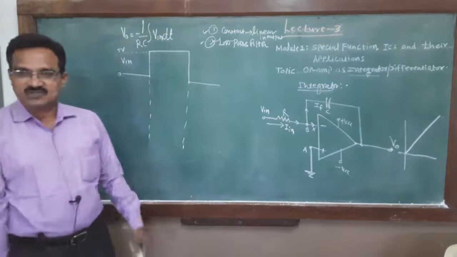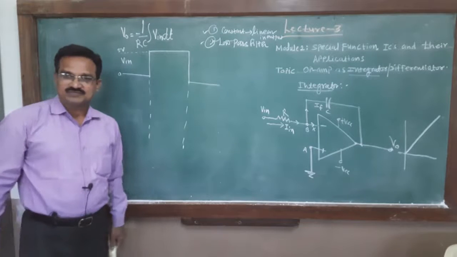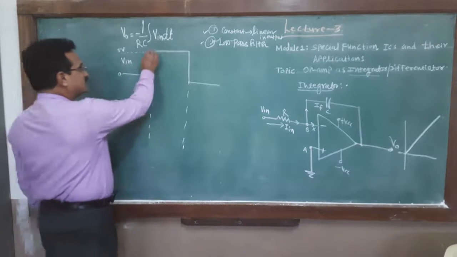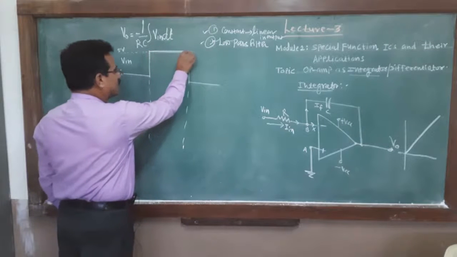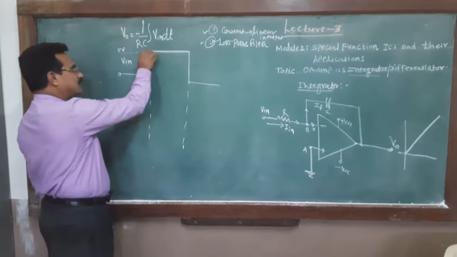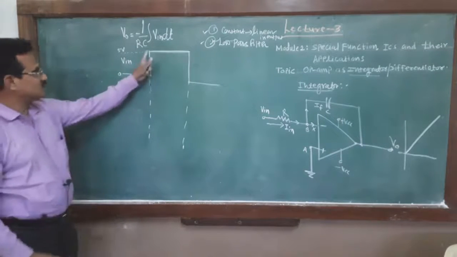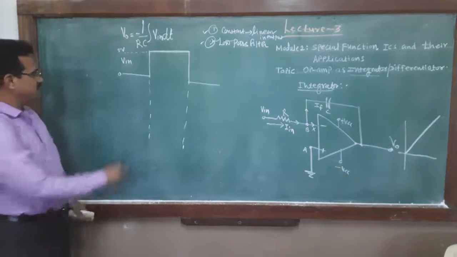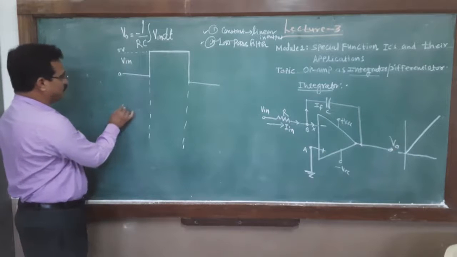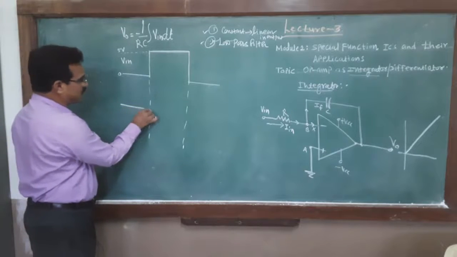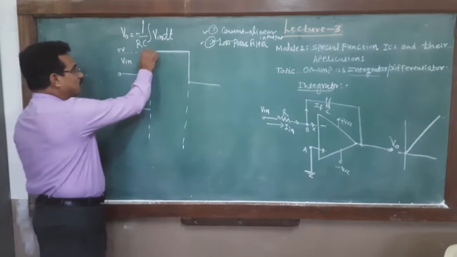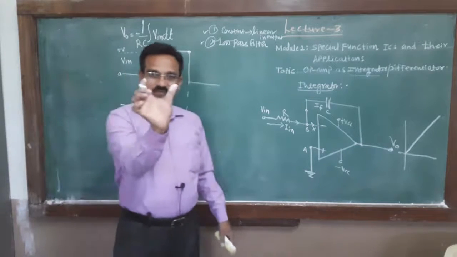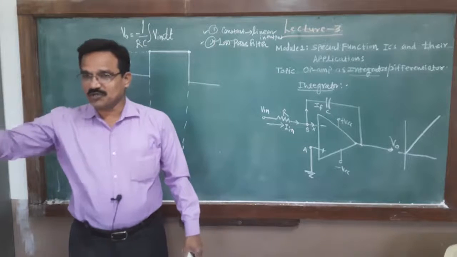What is the integration of 0? Integration of 0 is 0. But this is the duration for which the rectangular pulse is constant. Here is the output: for the 0 part, the output is 0. But from this point to this point, the rectangular pulse is at constant voltage.